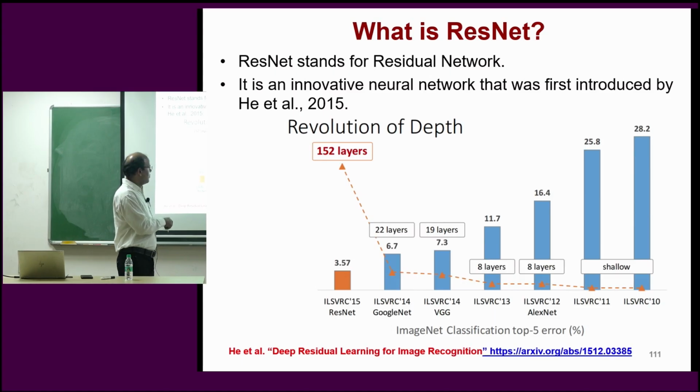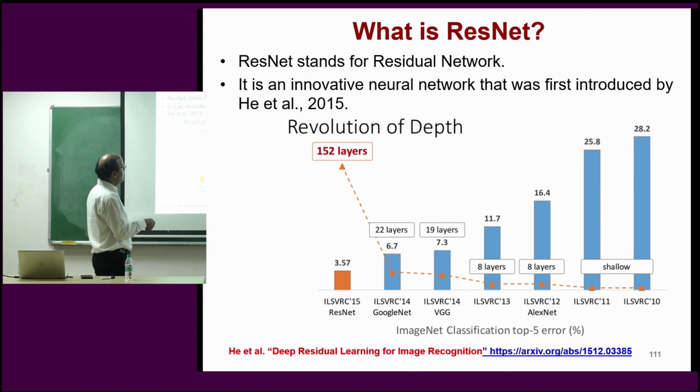ResNet was introduced in 2015, and again they were the winner of this ILSVRC challenge, the ImageNet Large Scale Visual Recognition Challenge. And you see that they had even the smallest error, 3.57. If you see here, the different layers: 19 layers, 16 layers, then 22 layers, right?